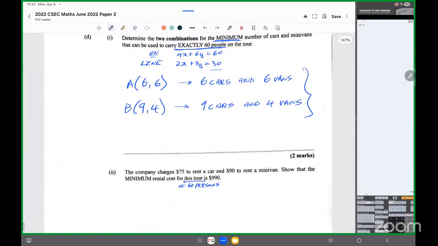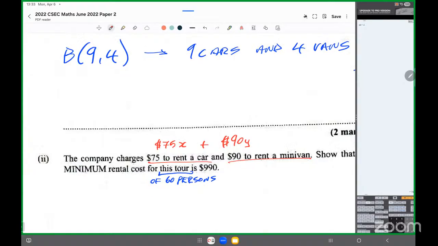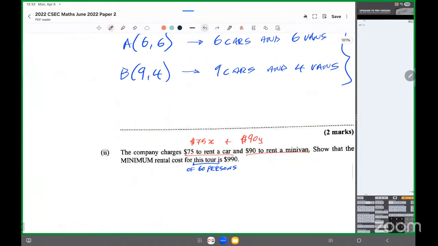So the cost for a car is not $60, it's $75. So the money for the cars is 75 times X, plus there were Y vans, and it's $90 per van. So the money for the vans is $90 times Y. So the total charge is that combination.